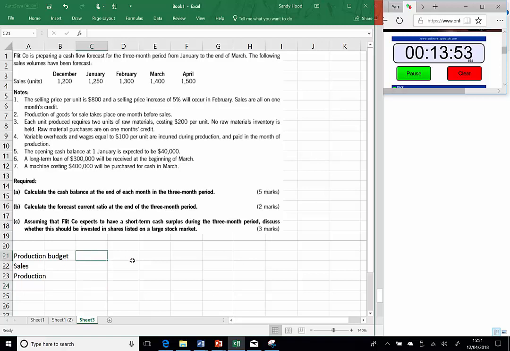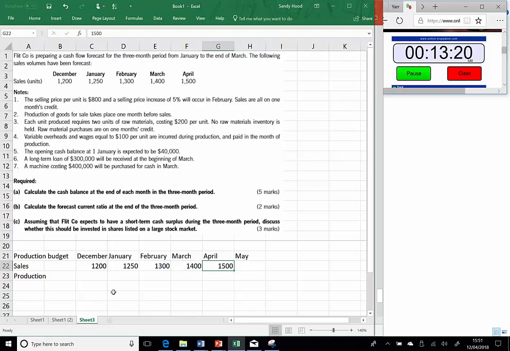We've got the months of December and so on, and of course we've got the advantage of the spreadsheet, which means that we can just drag our months along. Sales were given: the December sales are 1,200, January 1,250, February 1,300, March 1,400, and April 1,500.